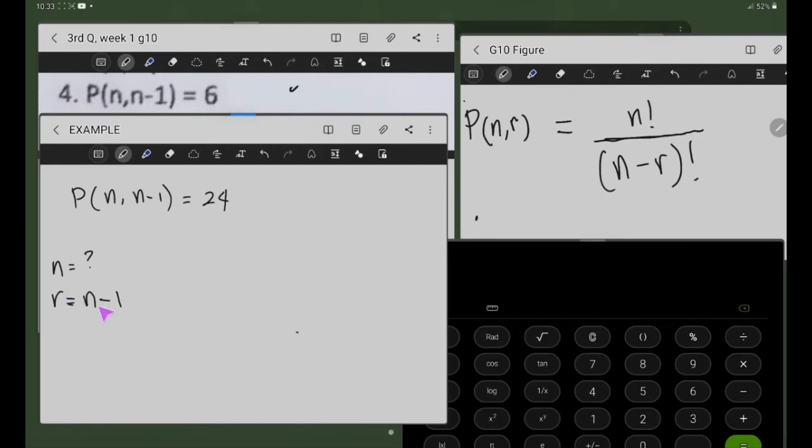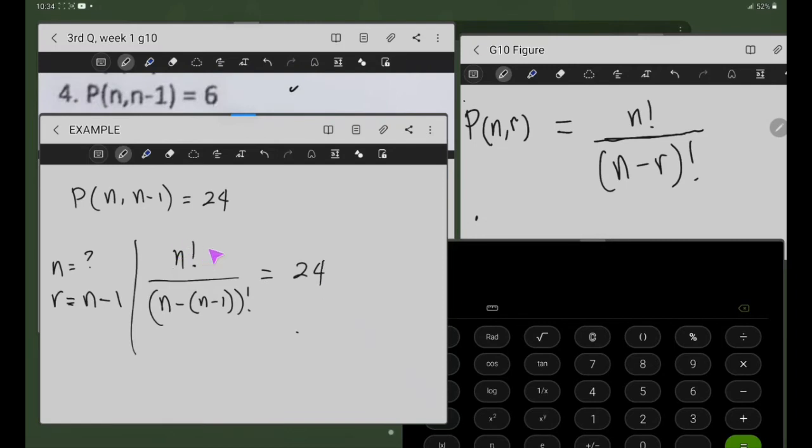So ito yung r natin. So gamitin natin yung formula. So n factorial over n minus r, okay, is equal to 24.